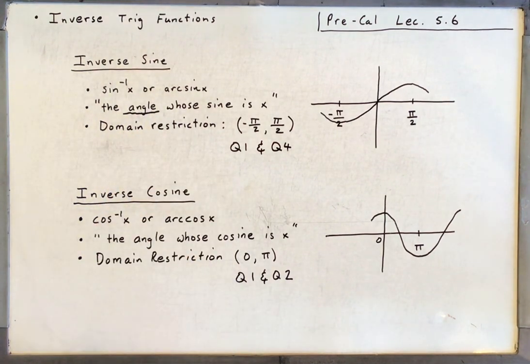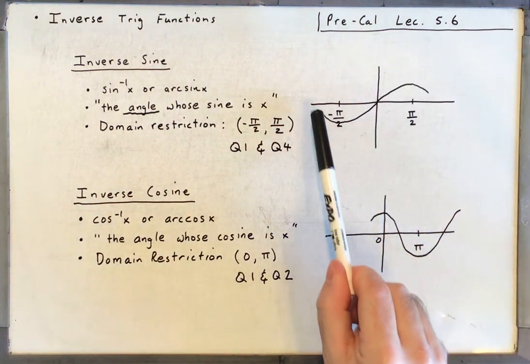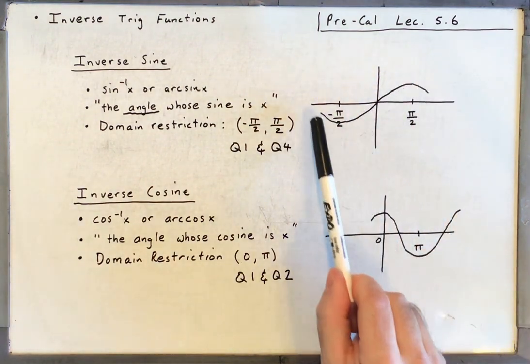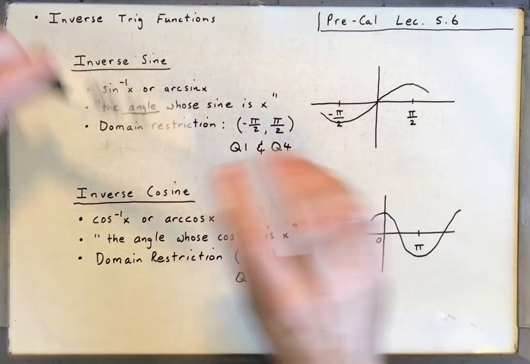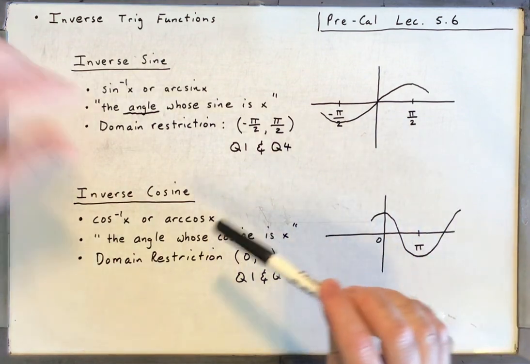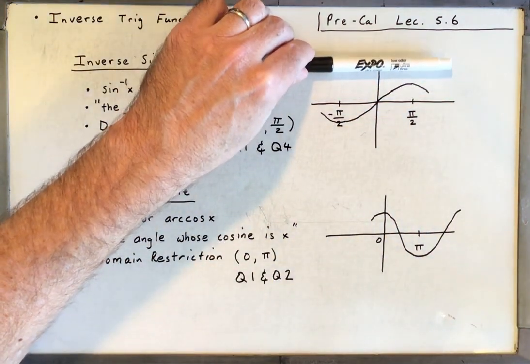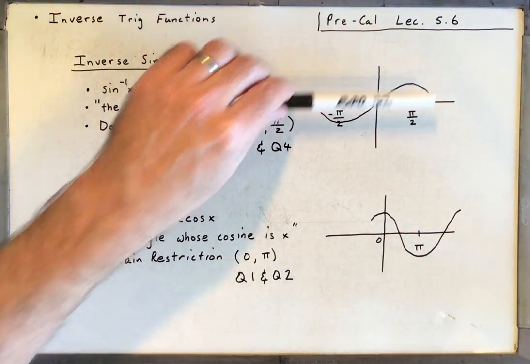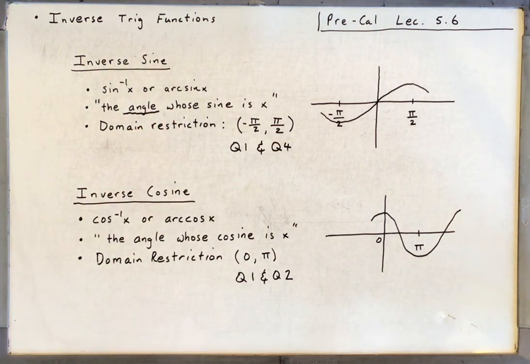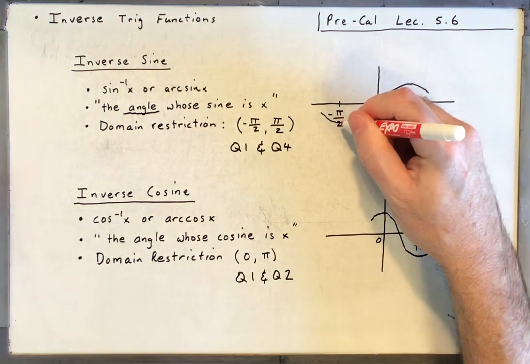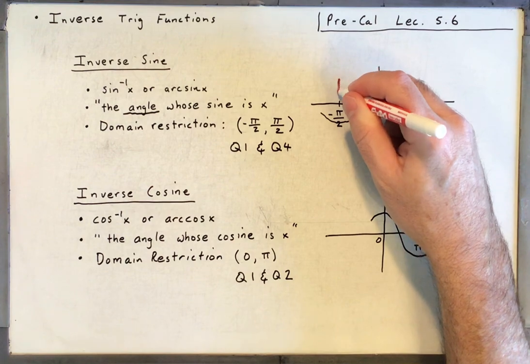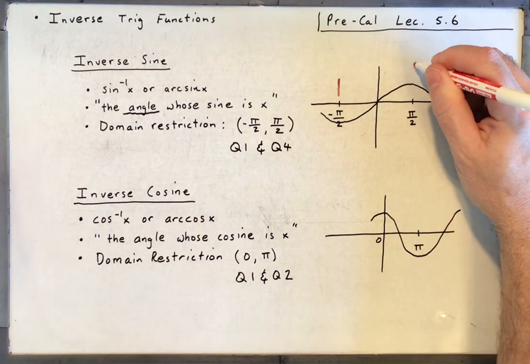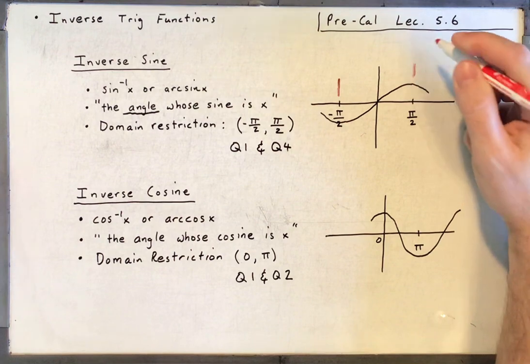Okay? But here's the graph of sine of x. Okay, see that? So draw that out. You can see that this goes on forever, up and down and up and down. And if you do the horizontal line test, it fails the horizontal line test. So what we have to do is restrict it, and we restrict it between negative pi over 2, so right here, and pi over 2, right there.